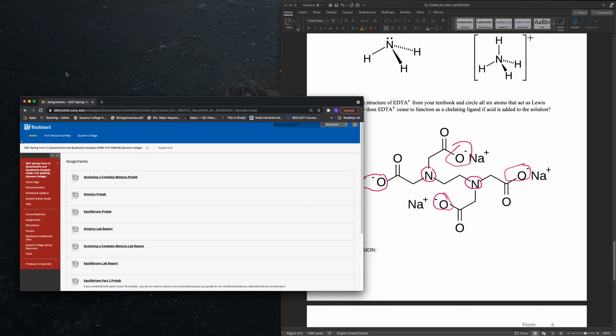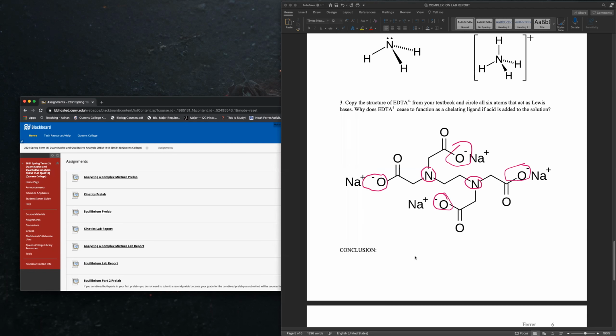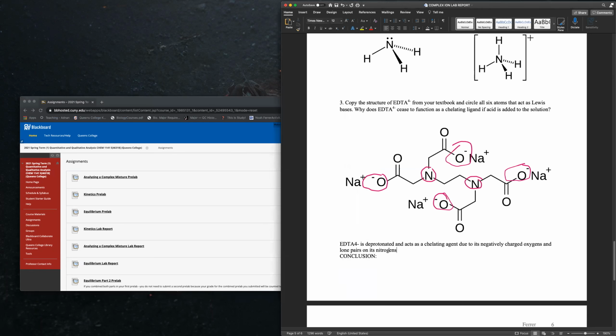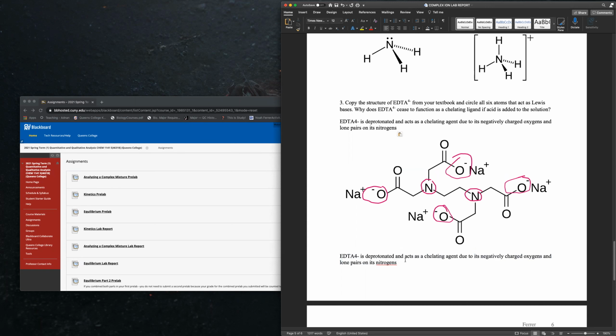However, if an acid is added to solution, EDTA would be protonated and no longer have negatively charged oxygens.